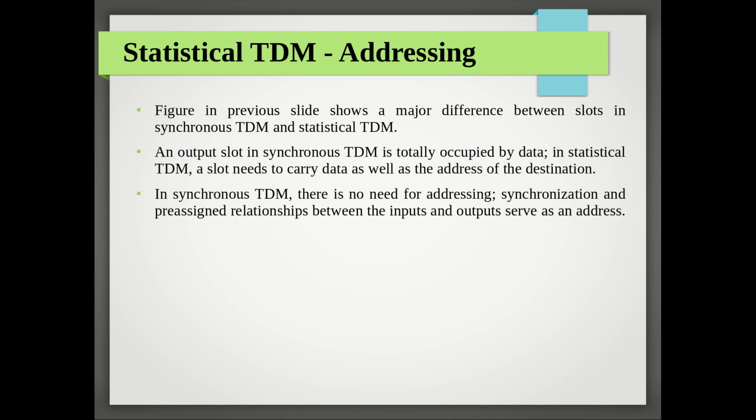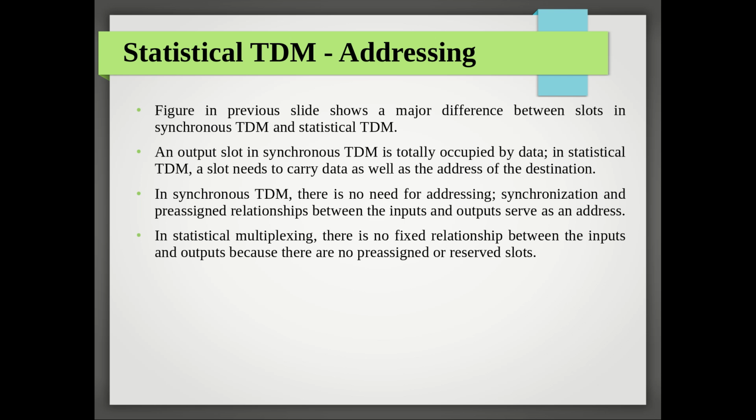So now in synchronous TDM there is no need of addressing, right? In synchronous TDM, synchronization and a pre-assigned relationship is there between the inputs and the output. That pre-assigned relation, like slot 1 is for source 1 and receiver 1, then slot 2 is for sender 2 and receiver 2, like that there is a one-to-one correspondence, and those pre-assigned slots are what is providing synchronization there.